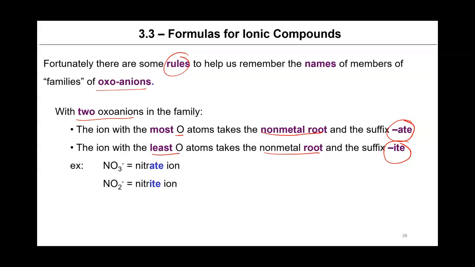So for example, we have NO3 minus and NO2 minus. The first syllable of nitrogen is NITR. That's what we call the stem name or the nonmetal root. And then because 3 is bigger than 2, we call NO3 minus the nitrate ion and NO2 minus the nitrite ion.